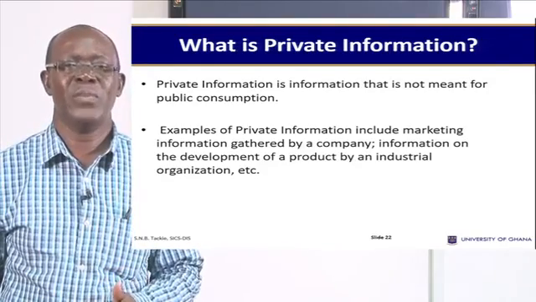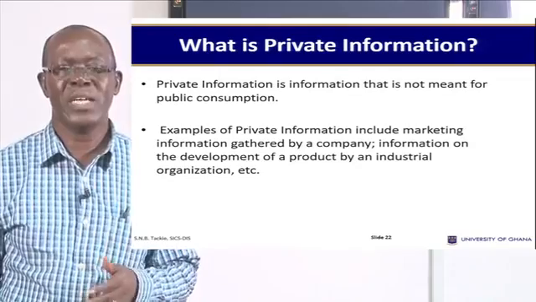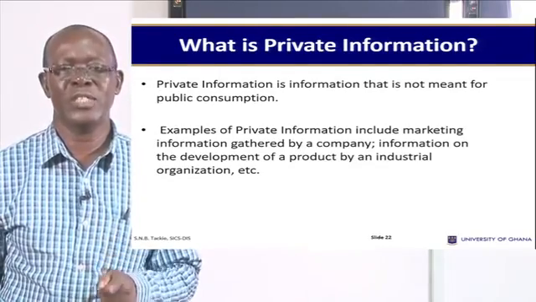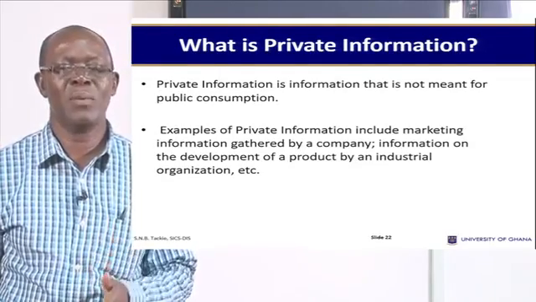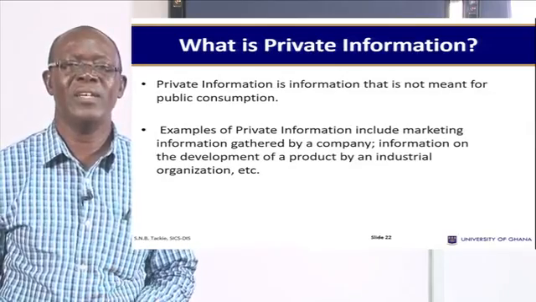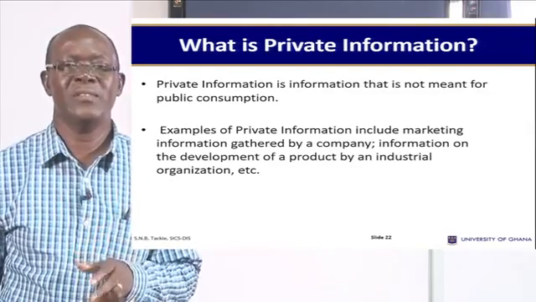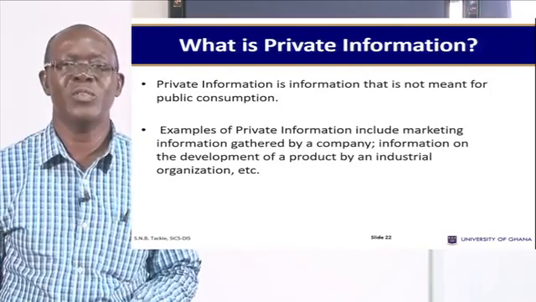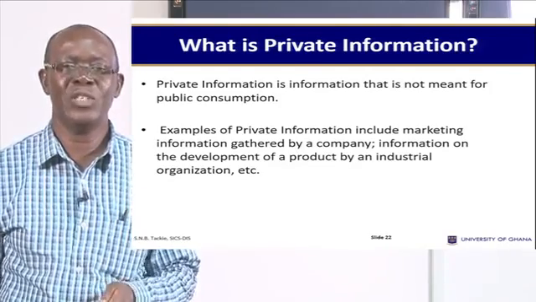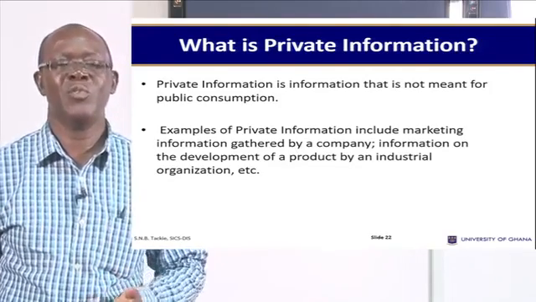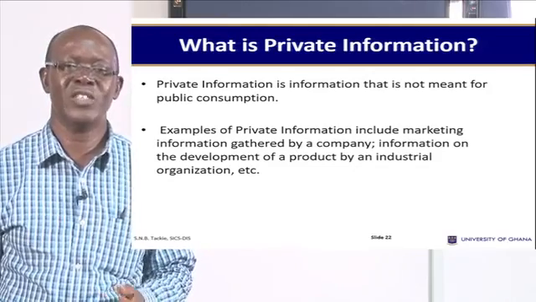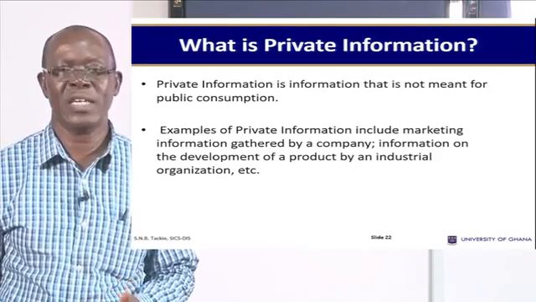Company B does the same. But company B decides to conduct research, pay people to do research, and to come up with a formula that will make sardines taste the way sardines are supposed to taste, soft, nice, including even the bones. And so they are able to find a formula for manufacturing soft sardines.